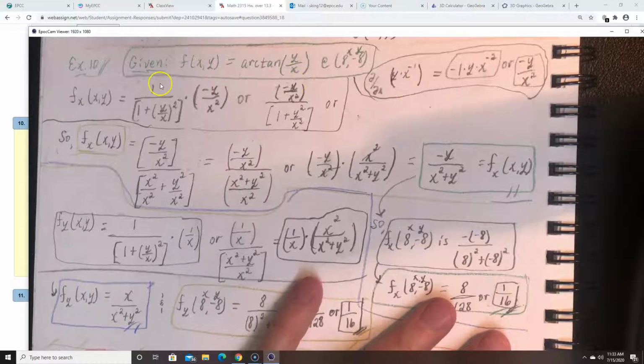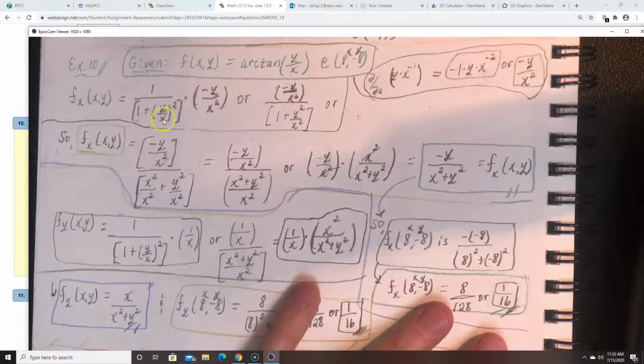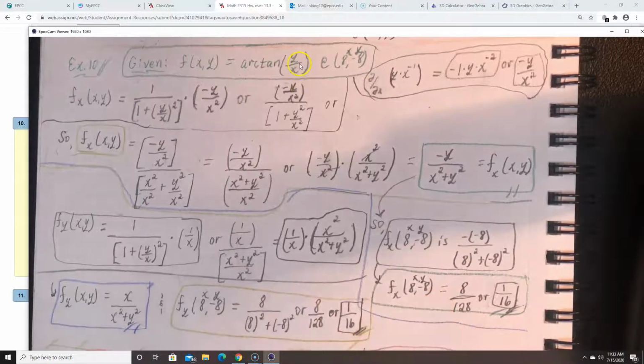Well, the derivative of arctangent is, you could look on a formula sheet, 1 over 1 plus the expression that's inside the arctangent function, so 1 over 1 plus this inner expression, quantity squared, times the derivative of the inner expression, in this case with respect to x.